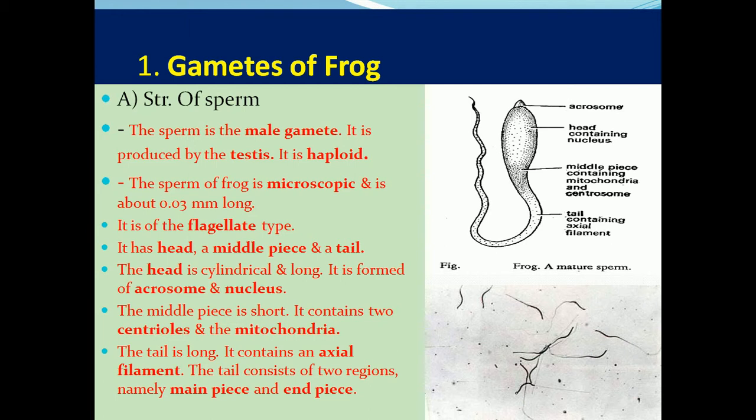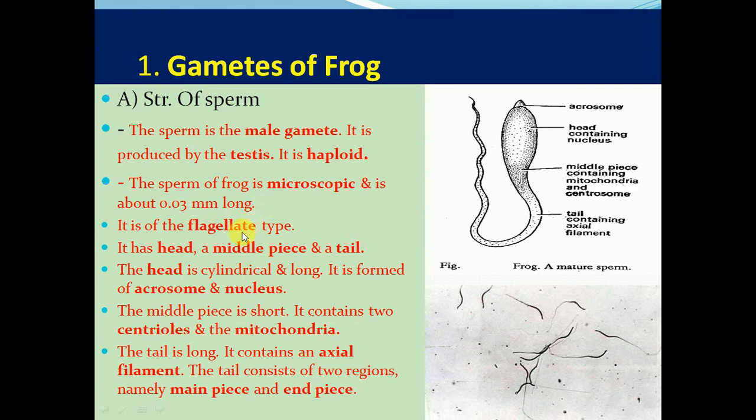The sperm of a frog is microscopic, meaning you need a microscope to see its structure. With the naked eye, we are not able to see it. Under the microscope, it measures about 0.03 millimeter in length.